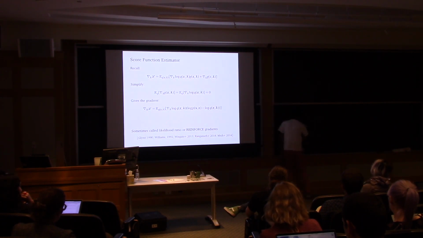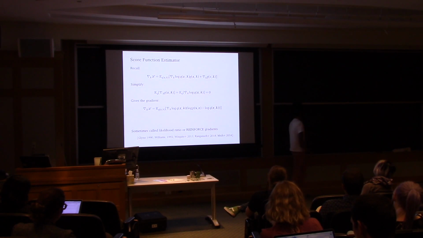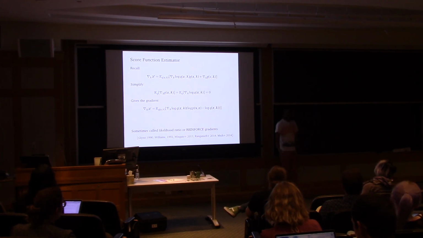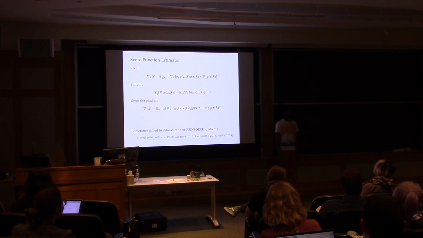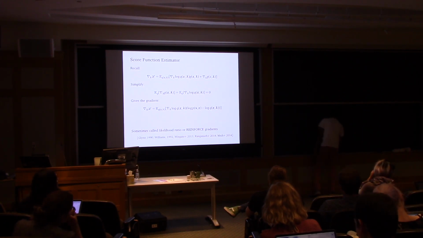This is equal to the integral of the derivative with respect to lambda of q. And then now I'm going to swap the derivative and the integral again. The integral of q, but can somebody tell me what the integral of a probability distribution or density is? It is 1. So this is equal to just the derivative of 1, which is equal to 0.